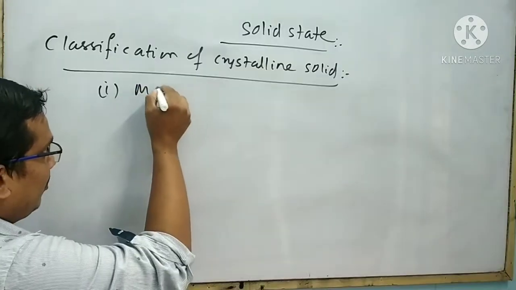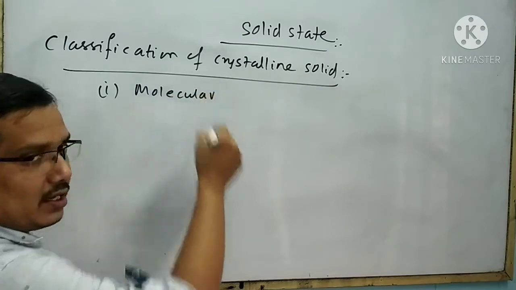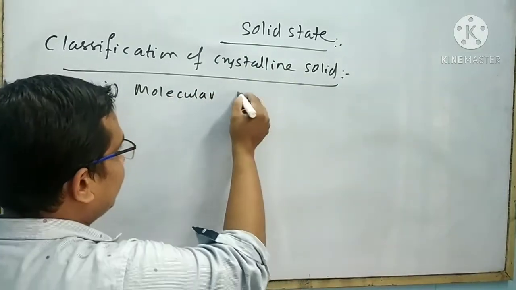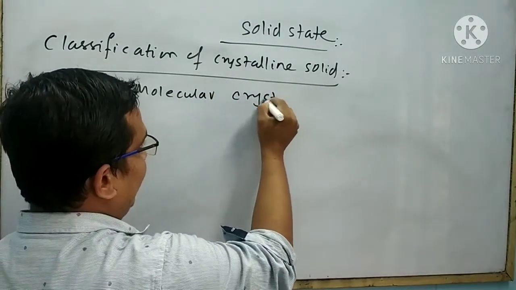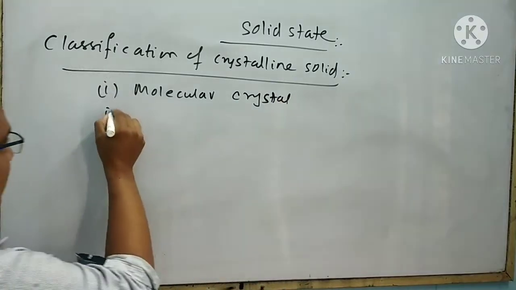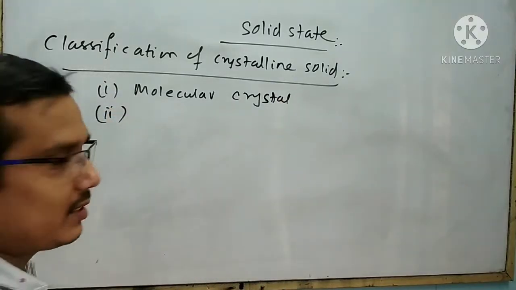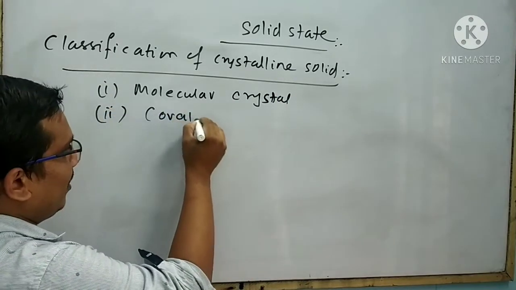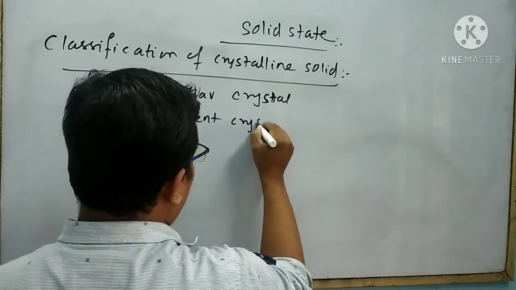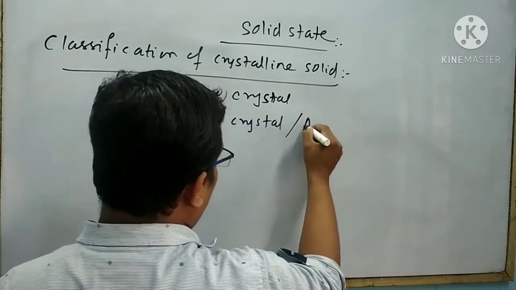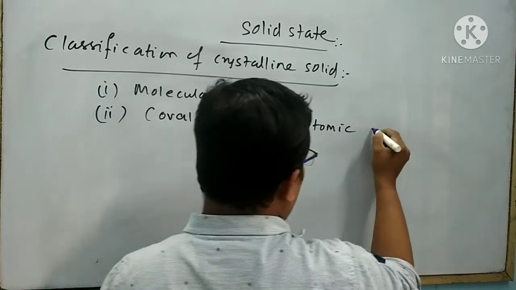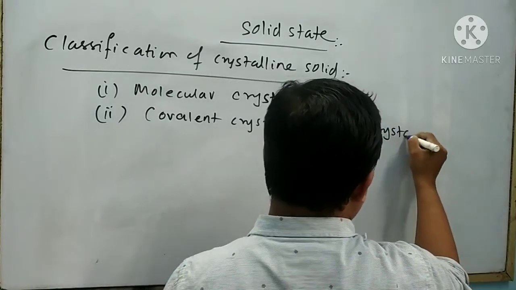One is your molecular crystal, second is covalent crystal. It is also called atomic crystal.